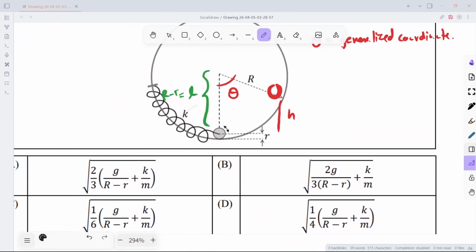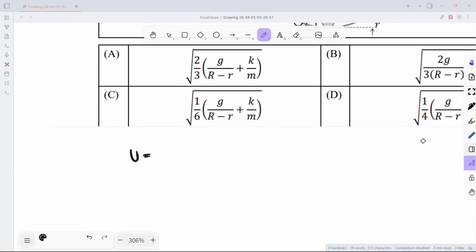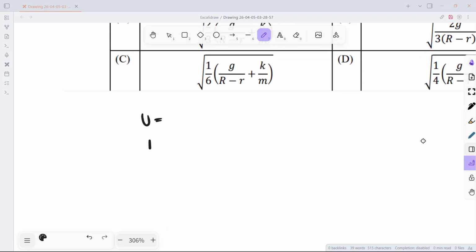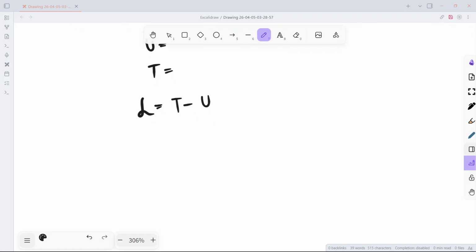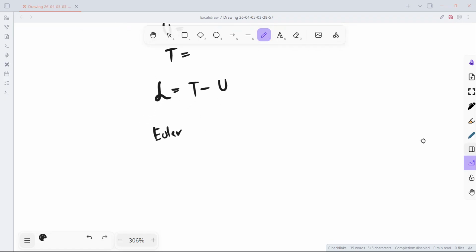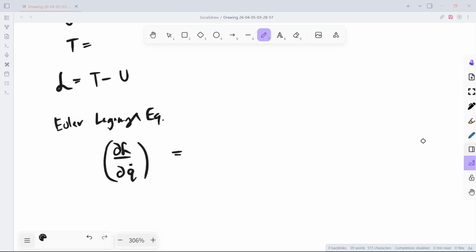So the first things we worry about when solving with Lagrangian mechanics is you have your potential, you have your kinetic energy, and you write your Lagrangian as your kinetic energy minus the potential, and you have your Euler-Lagrange equations, which are basically: you take the derivative of L with respect to the time derivative of your generalized coordinate, and you set it equal to the thing partially differentiated with q.